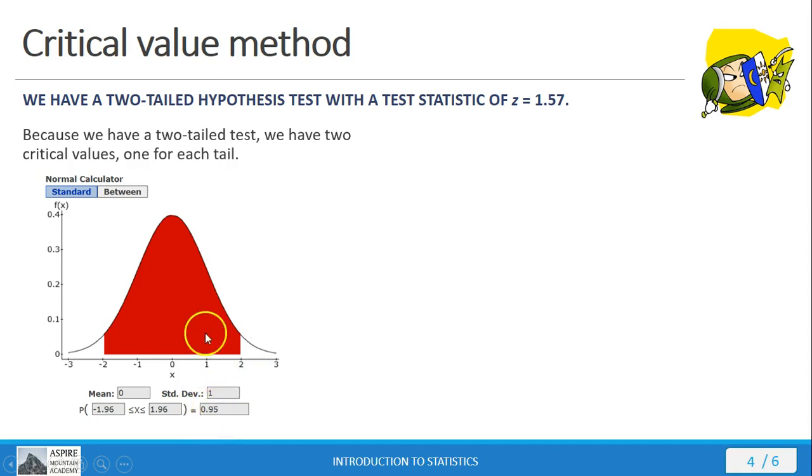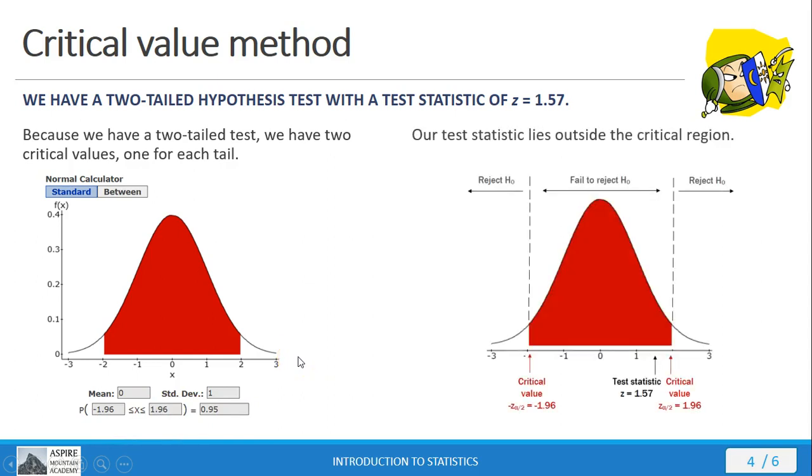So I want 95% in between. And the boundaries for my critical region, or the region of rejection, are going to be here, as you see, plus or minus 1.96. So if I compare that with the actual test statistic, I see that the test statistic actually falls in this central region here, where I fail to reject the null hypothesis.